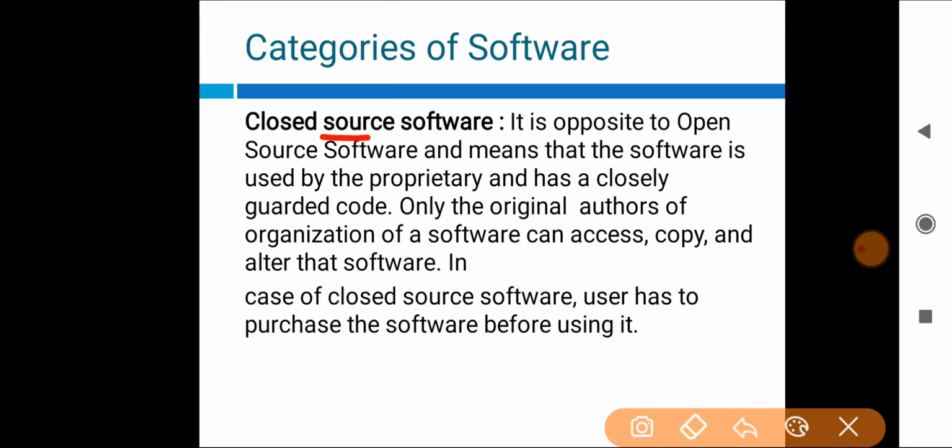The second type is the closed source software. It is just the opposite of open source software, which means that the software will be owned by the proprietor and it is a closely guarded code. Whereas in open source software, the code is free for use and could be modified, in closed source software the code will not be visible to the user or to the developer, and they will not be able to make any changes to the code.